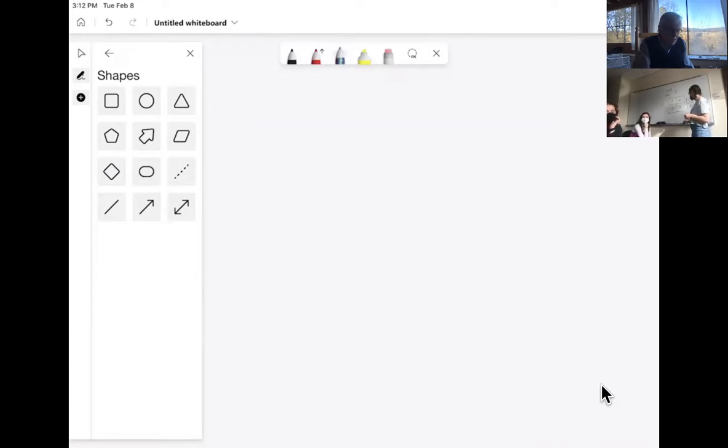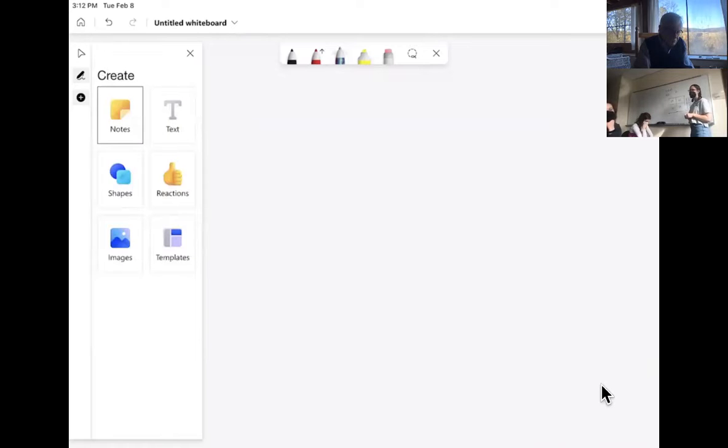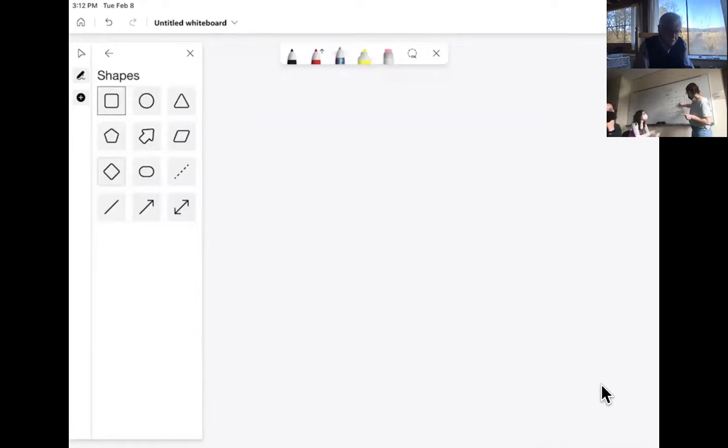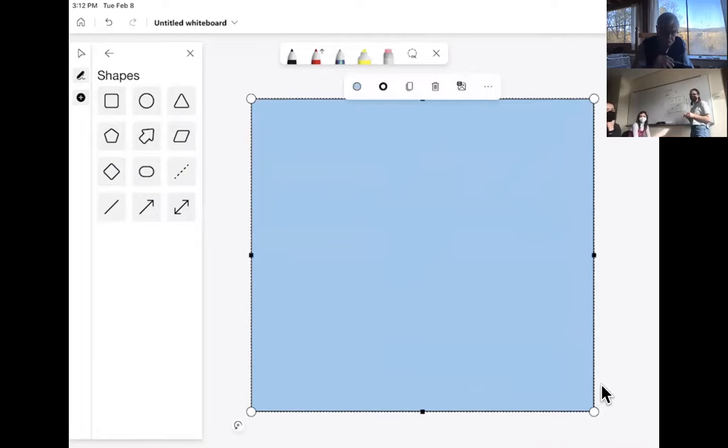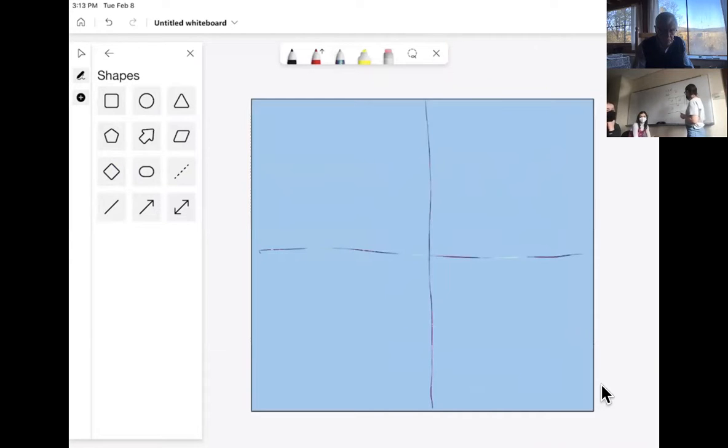So let's find 0.111 and so on. Let's try a shape again, if I can do this. We better go to black again.